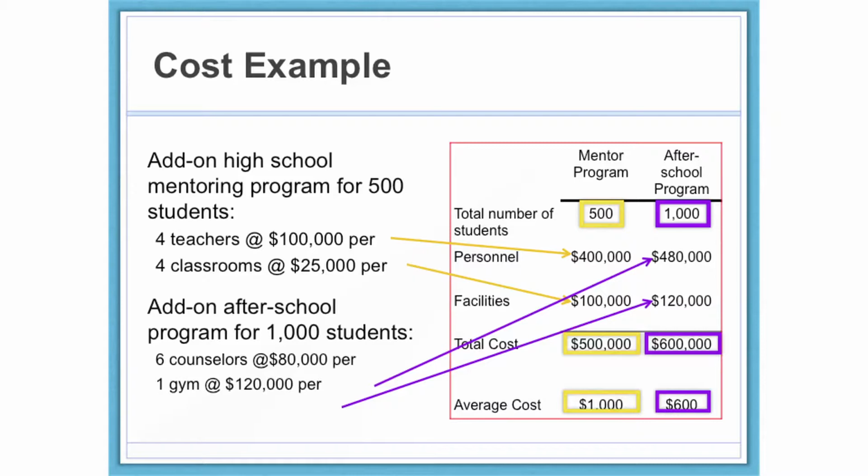And so we're going to add those amounts up, total them, divide them by the number of participants, and get the average cost. It's supposed to look like that by the end, nice and simple. And so we're just going to say something very straightforward. Our mentoring program costs $1,000 per student, and our after-school program costs $600 per student.